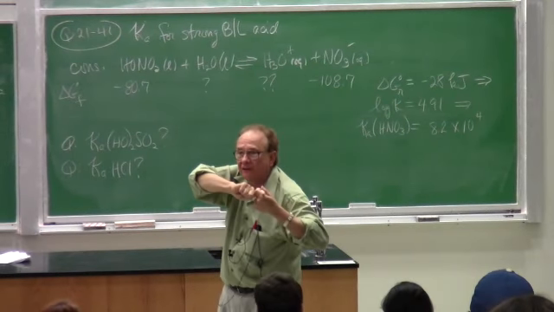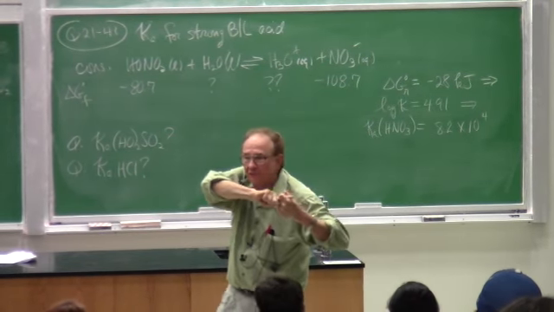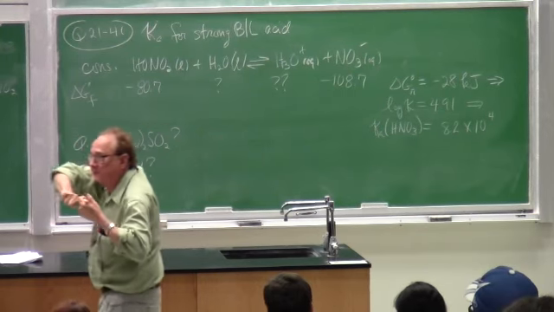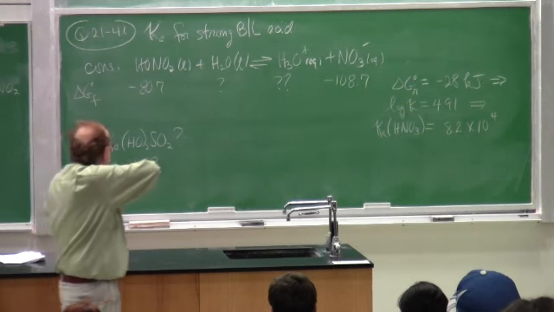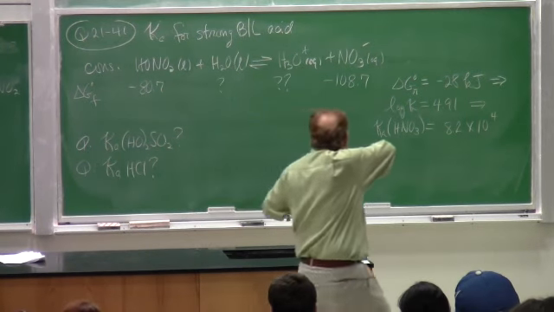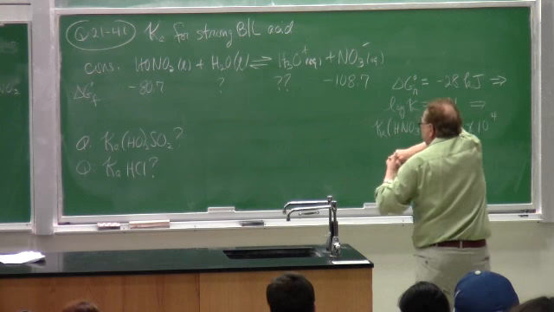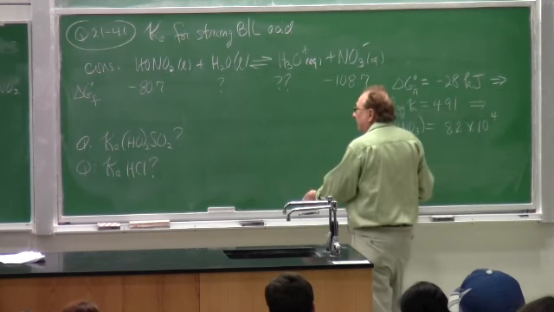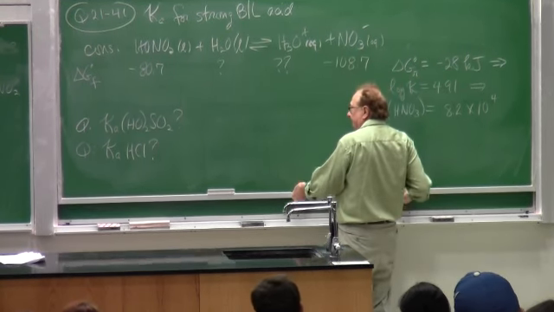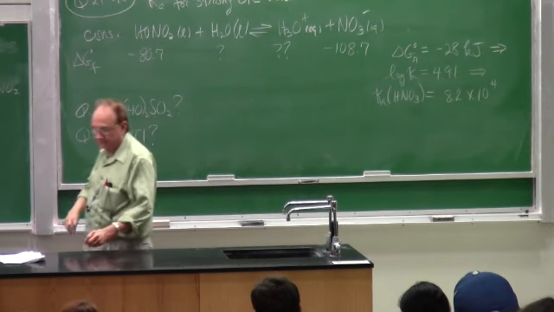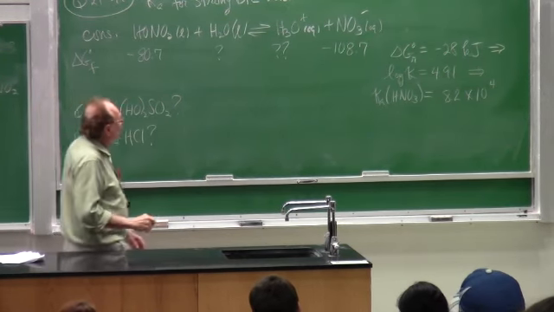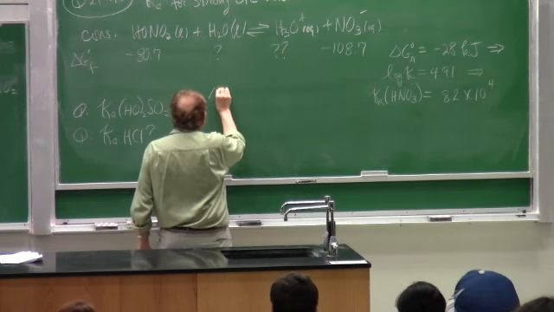Because now we have the wherewithal to do it. We've now become familiar with the ton of chemistry that's available in the thermodynamic properties data table, Table 1 at the end of chapter 20 once again. I'm considering Ka for the strong acid nitric acid. So I get out the data table. If I want to get Ka for nitric acid, then what I got to operate on is this.